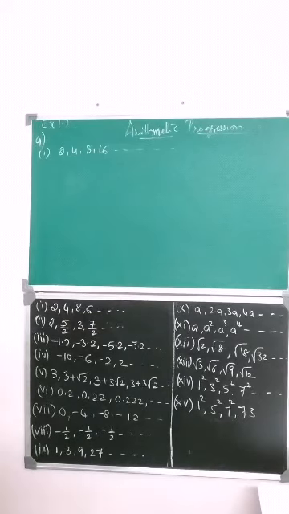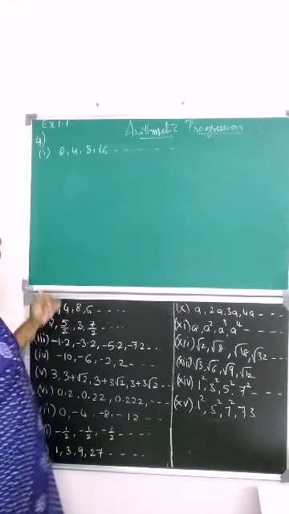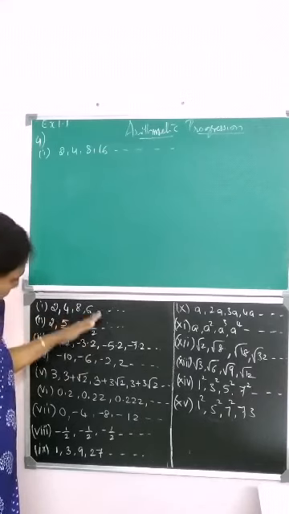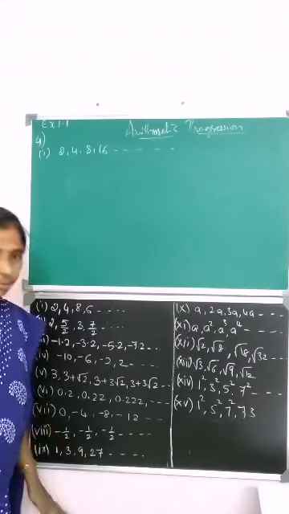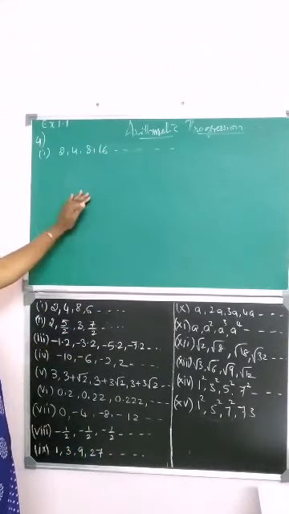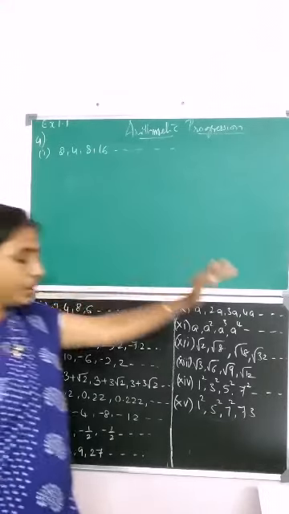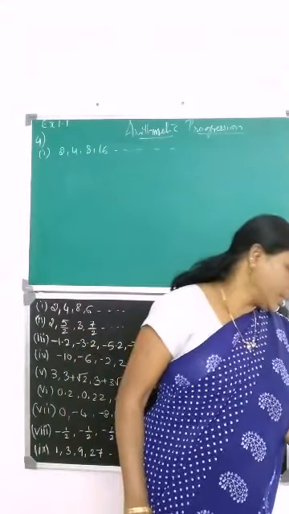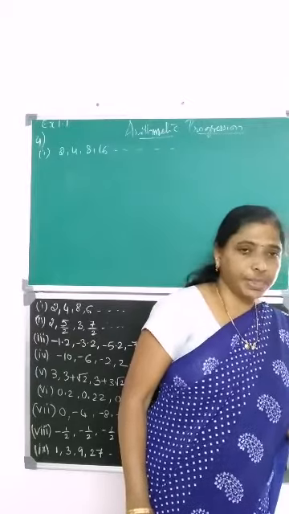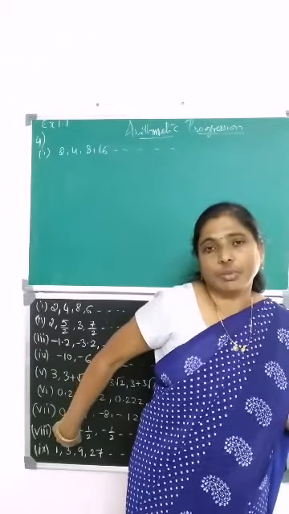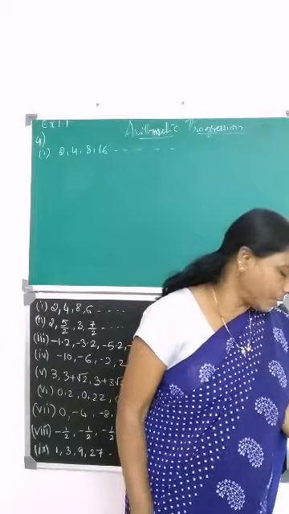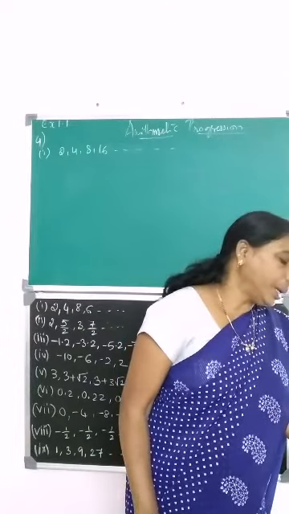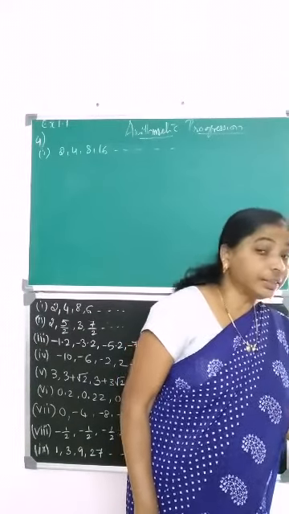Yes children, I have written here fourth problem, and from fourth May I have taken all the problems. I'll just go on explaining you now. In this the question is like this: which of the following are APs? We have to check how many of them are belonging to AP is one question, and if they form an AP, find the common difference and other three terms.